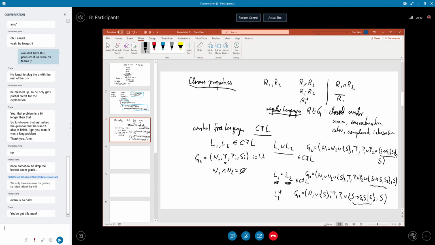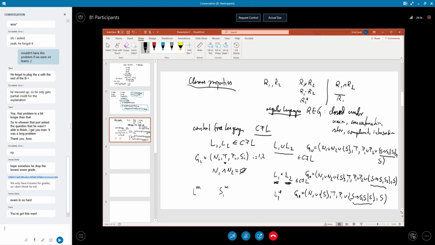So if we want to generate L to the M, then we can generate S1 to the M by using M times S goes to S1 S, and then one more production, S goes to epsilon, to get rid of the S, because obviously eventually we'll have to get rid of that starting symbol.